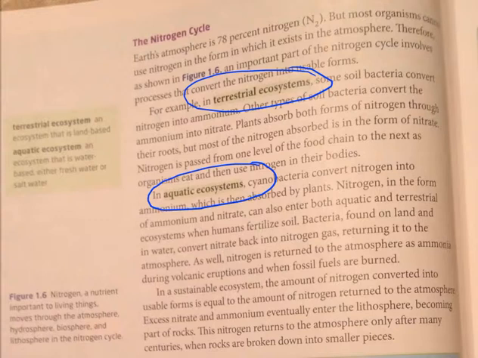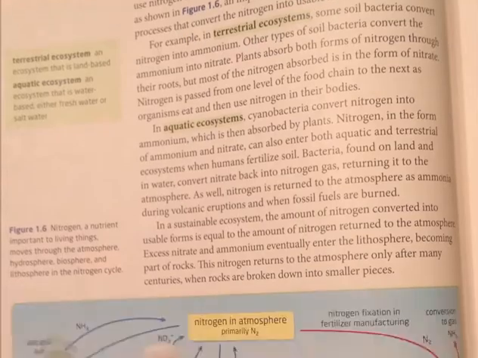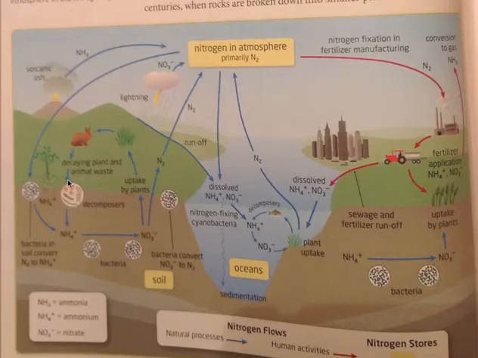Terrestrial meaning on the earth, like ET, extraterrestrial, which is not from the earth, hence ET. And then aquatic ecosystem. So terrestrial bacteria, aquatic bacteria.